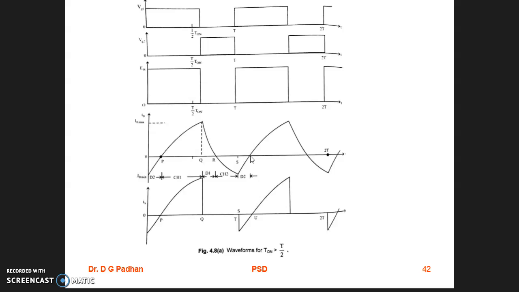At the point U the current becomes 0, chopper 1 comes to the on state, and the current again increases in the positive direction. The average current is positive and you will get a positive voltage.